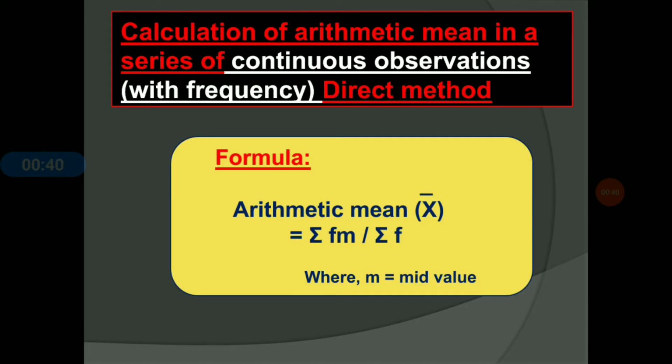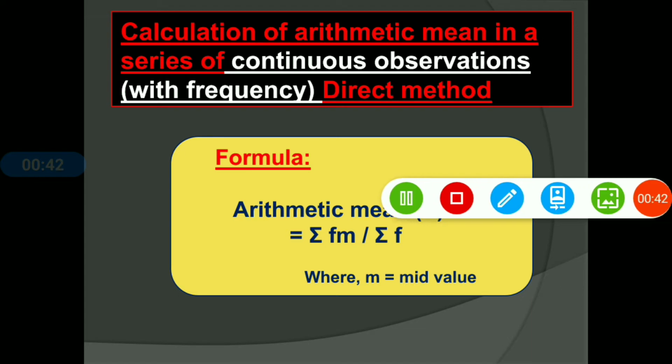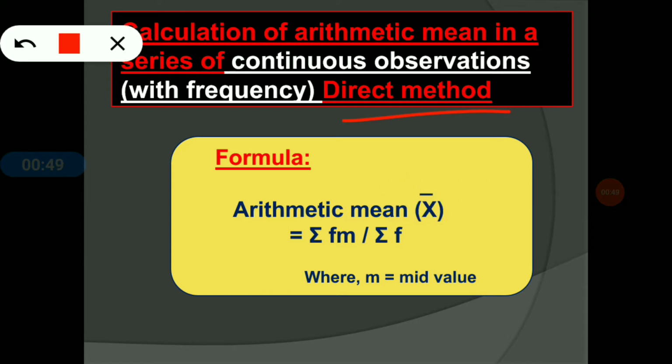Here we can see the calculation of the arithmetic mean in the series of continuous observations, which is done by the direct method. So, now going to the formula. The formula is equal to summation fm divided by summation f.